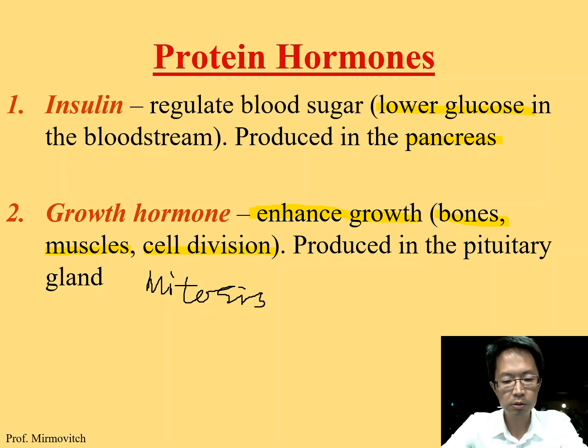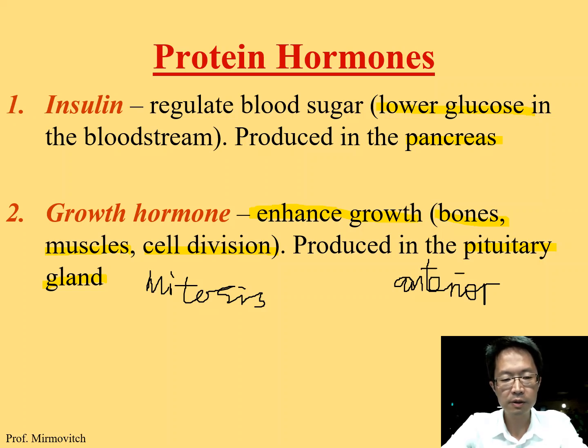It is produced by the pituitary gland. Specifically, it should be called the anterior pituitary. And the anterior pituitary gland is under the control of something called the hypothalamus.